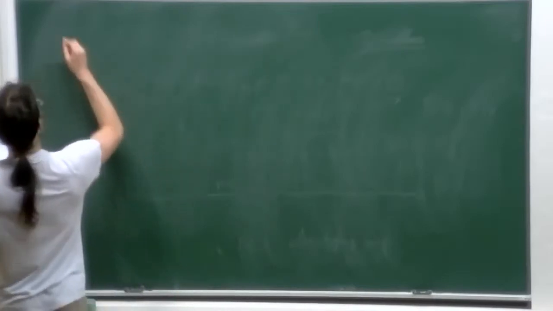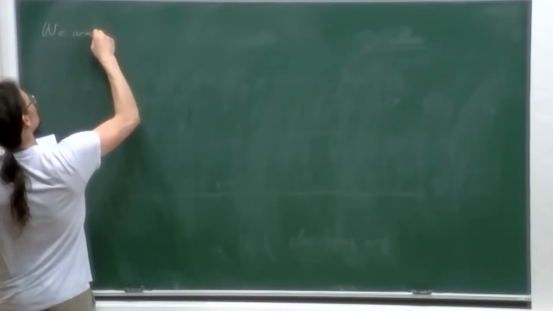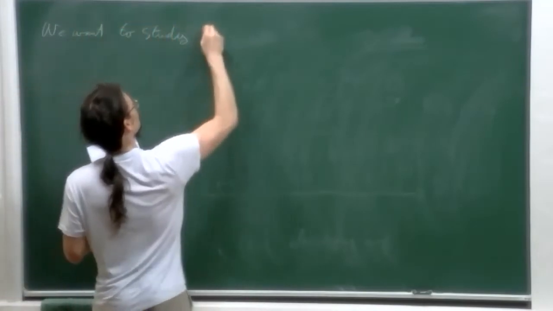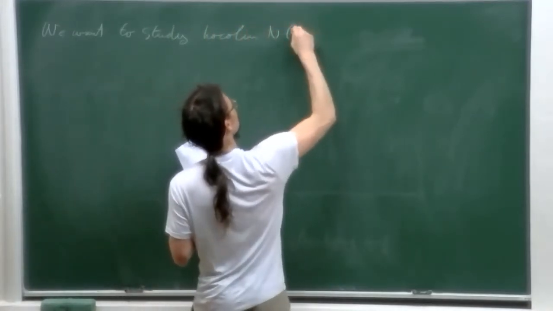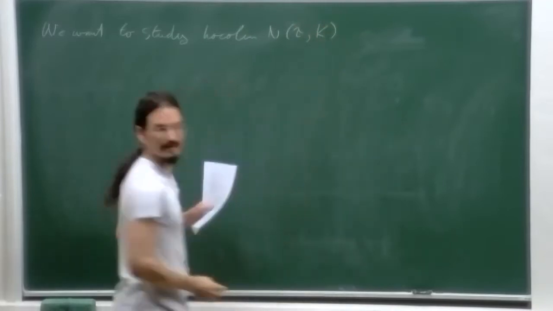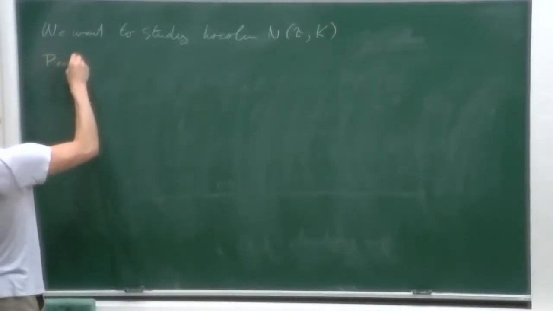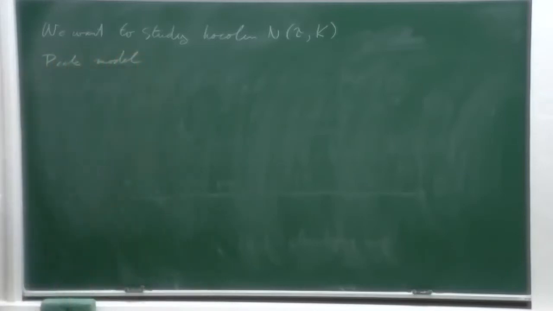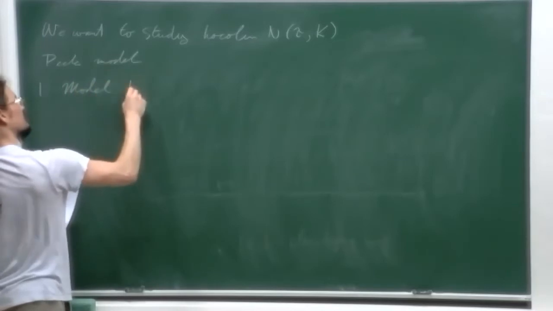So once again, we want to study the homotopy co-limit of this. And so basically we need to pick our model for the homotopy co-limit. The first try is to take the total simplicial set.